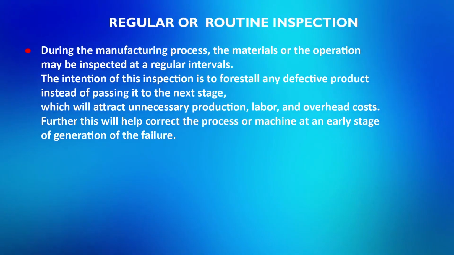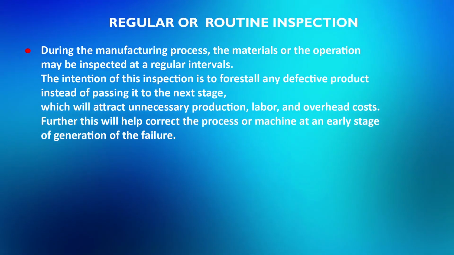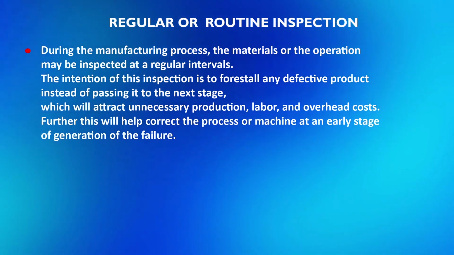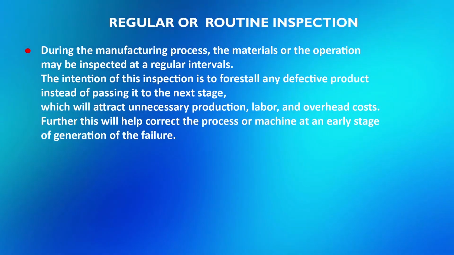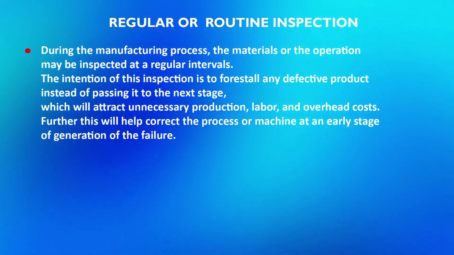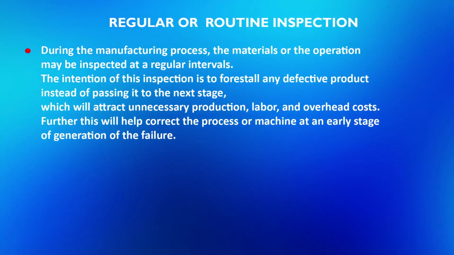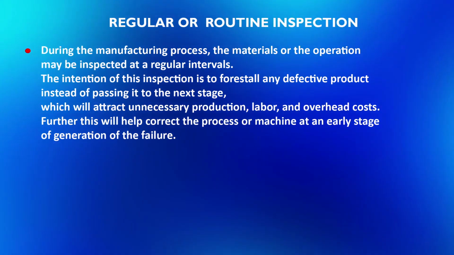It should not allow any further defective materials to the next operation. So it can be stopped at that place only. That is the advantage of routine or regular inspection.